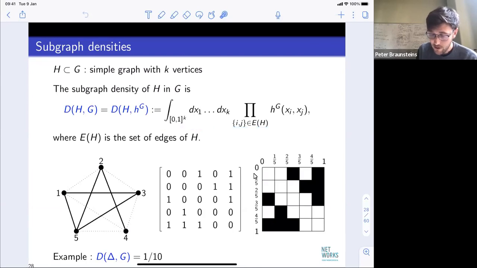It's not particularly important what this formula is right now, but the important thing is that we can recover the subgraph density, or the triangle density, from the specific graphon. Again, in this example, there is one triangle where if it was a complete graph, there would be 10. So the triangle density is 1 on 10, and we can recover this using the formula.